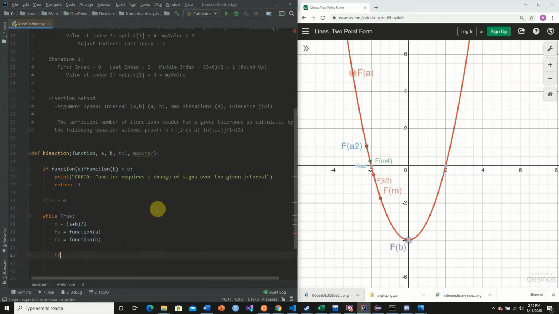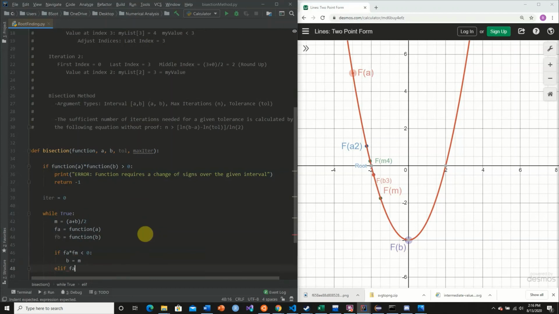And remember, what we have to check to see is our f of a value times our f of m value positive or negative? We're going to say if f of a times f of m is negative, that means we need to adjust our b value to equal our m value. So b is now equal to m.